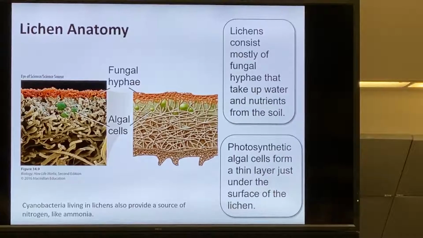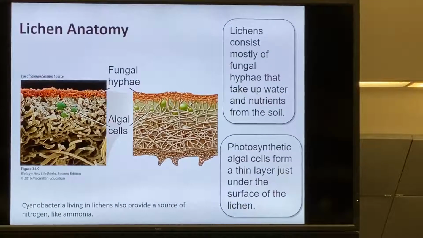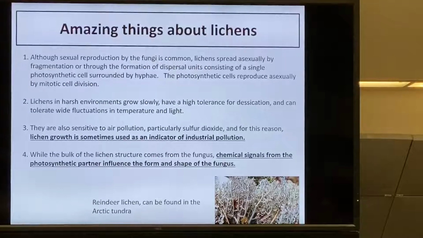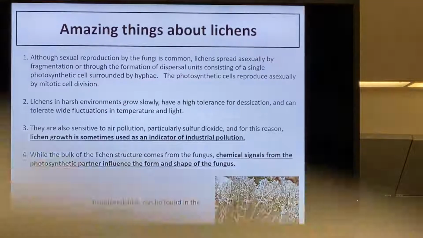As you can imagine, the photosynthetic partner is providing some of the products of photosynthesis to the fungus. And then of course, whether it's a cyanobacterium or an alga, it is getting a stable place to live. And protection.